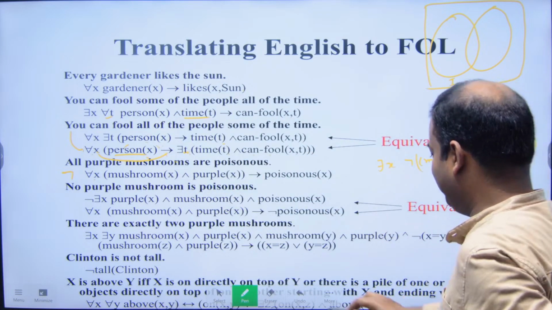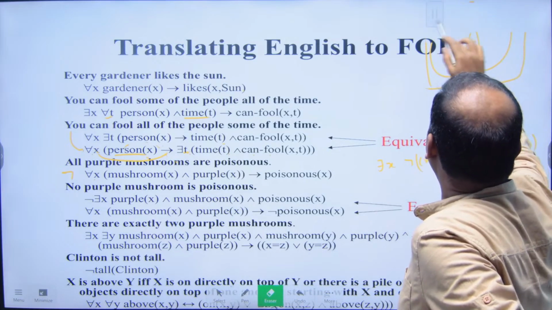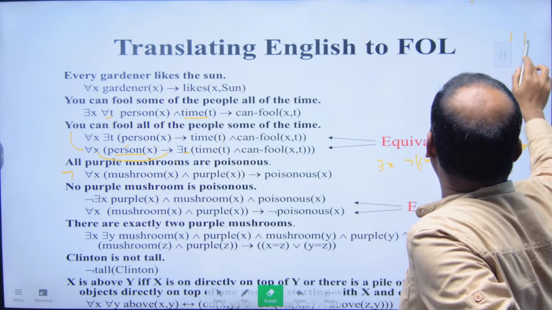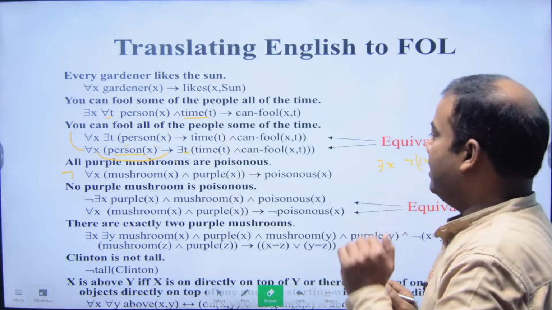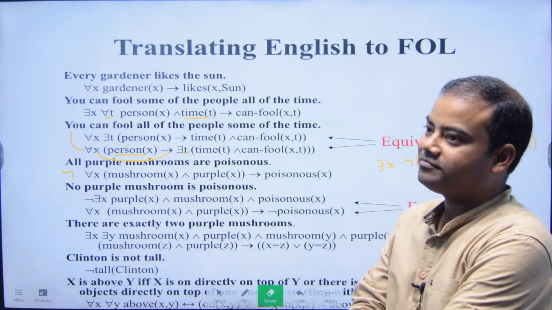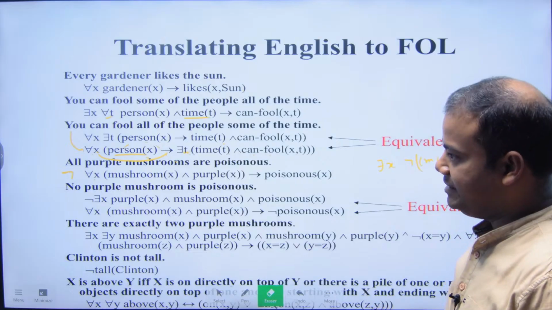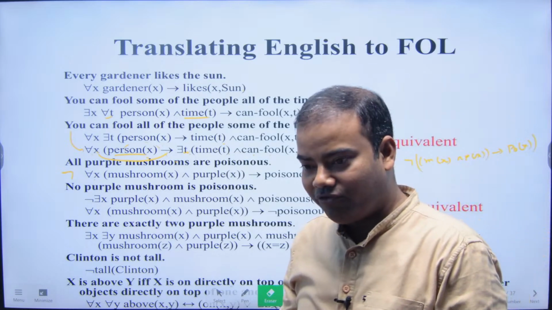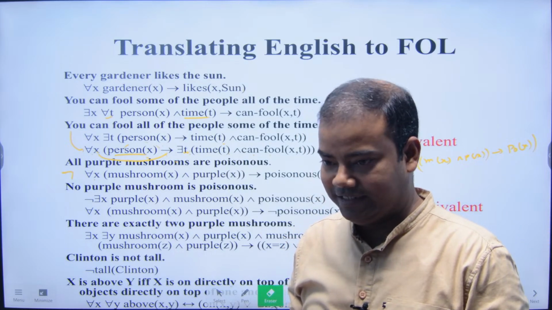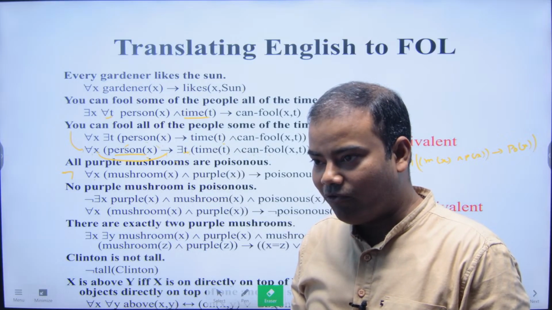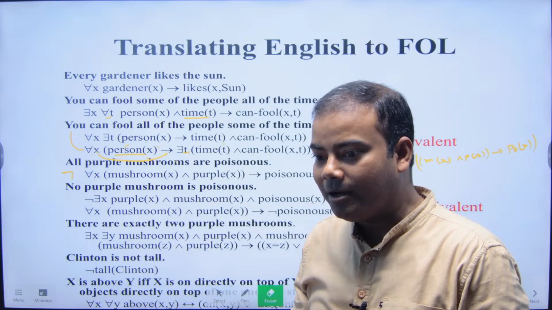Okay, with the same example, it is better to use the mathematical thing. If I say that everyone is intelligent, and no one is intelligent, both are not complements of each other.